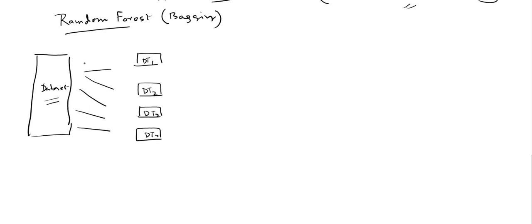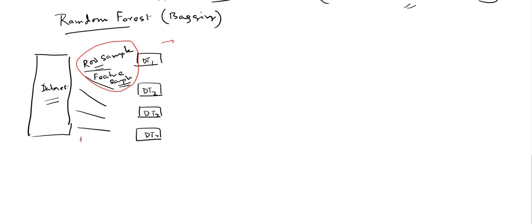But here we are doing row sampling plus feature sampling also. What is the advantage of doing this? We are reducing the overfitting chance.